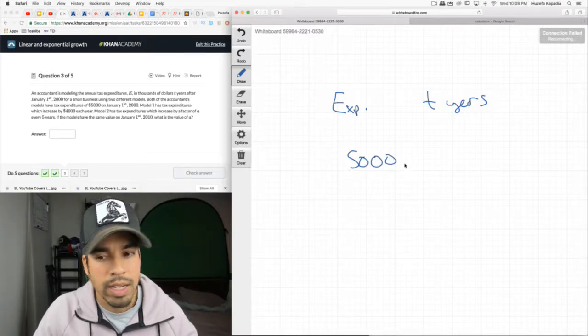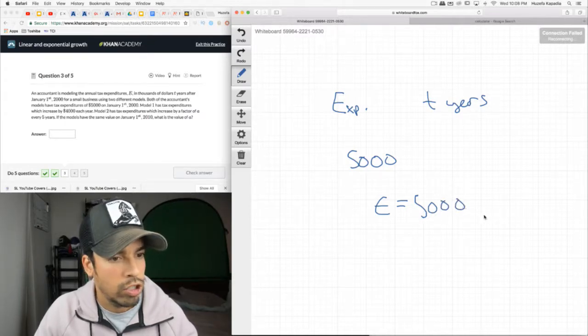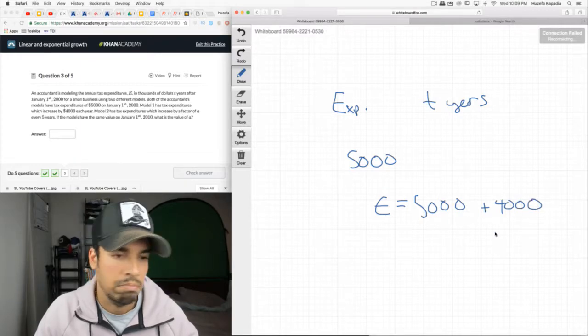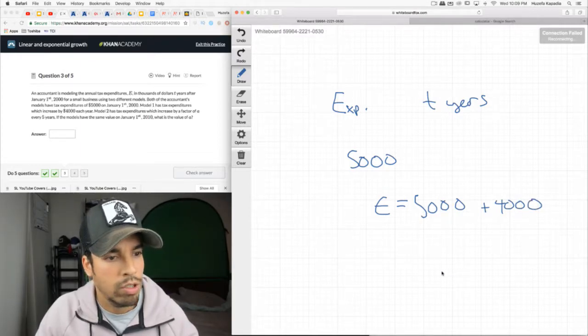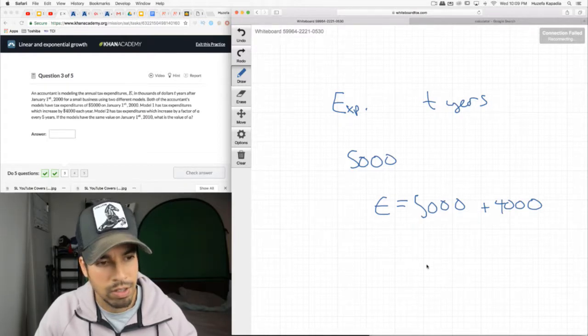Okay. Model 1 has tax expenditures which increase by 4,000 every year. Okay. Model 2's expenditures increase by a factor of A every 5 years. Okay.